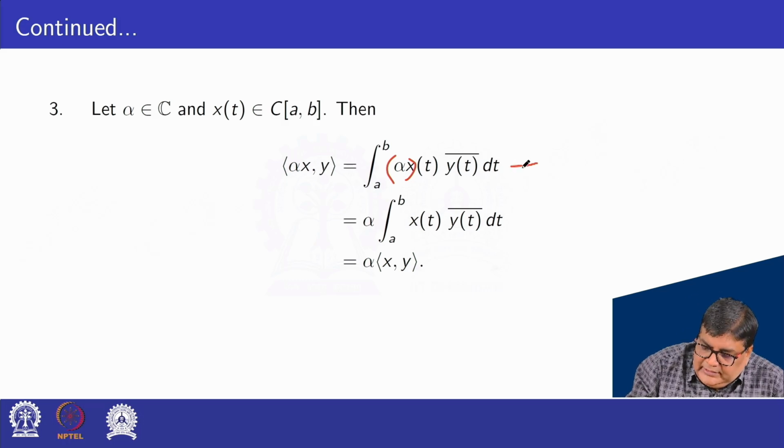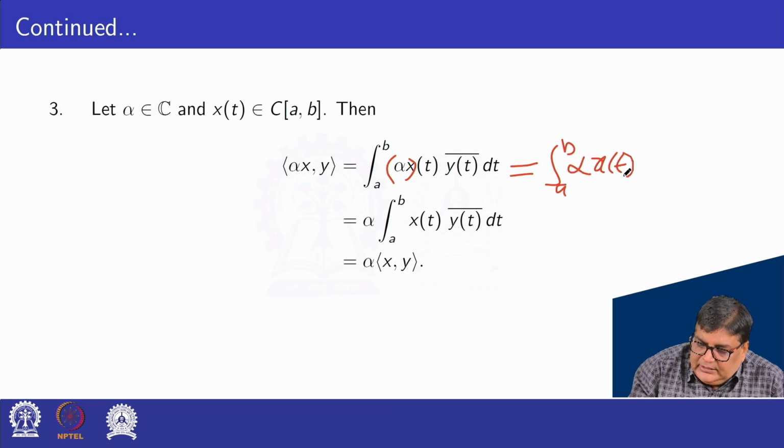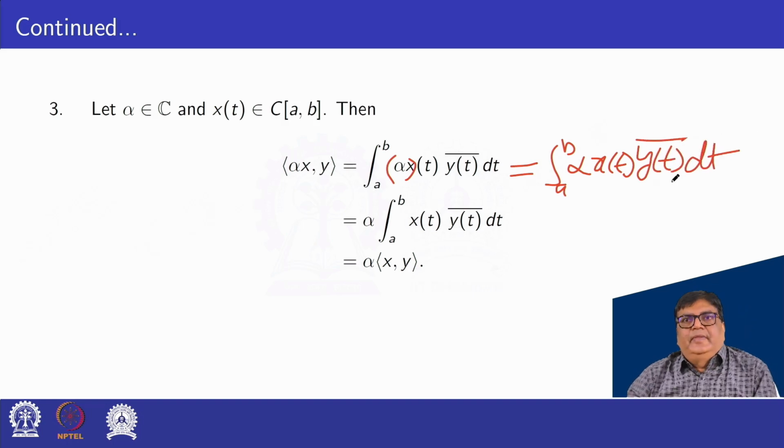Since alpha is independent of t, we can write it outside the integral. That is alpha times the integral from a to b of x(t) y(t) bar dt, and this integral is the inner product of x, y. So inner product of alpha x, y equals alpha times inner product of x, y. The third condition is also satisfied.